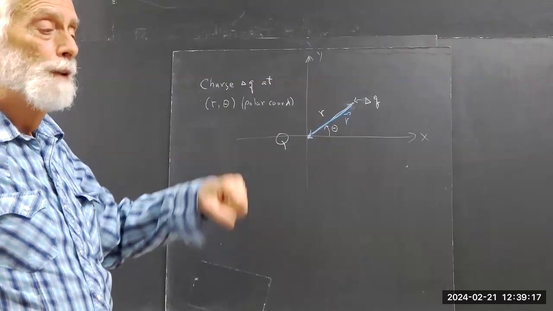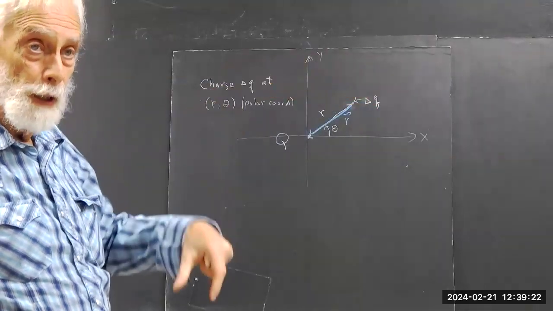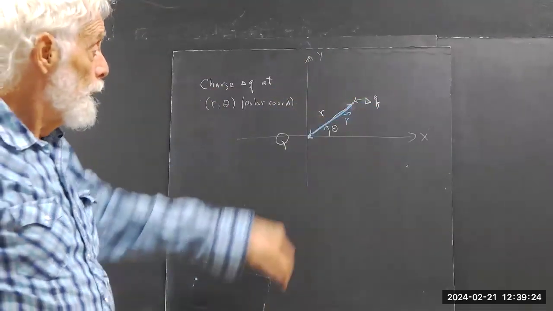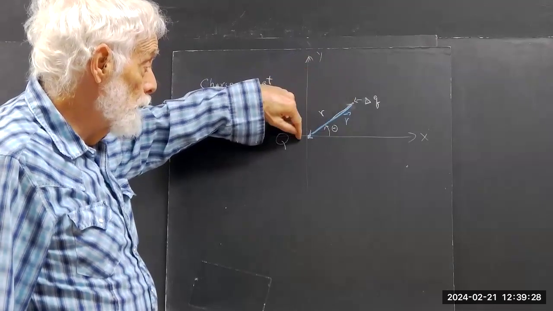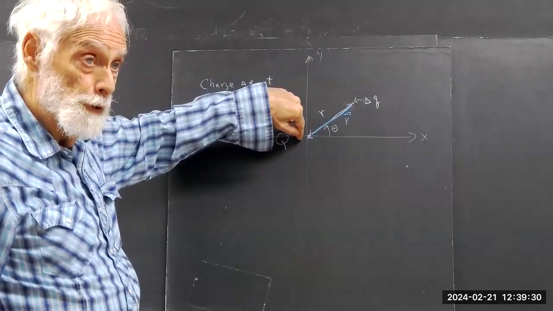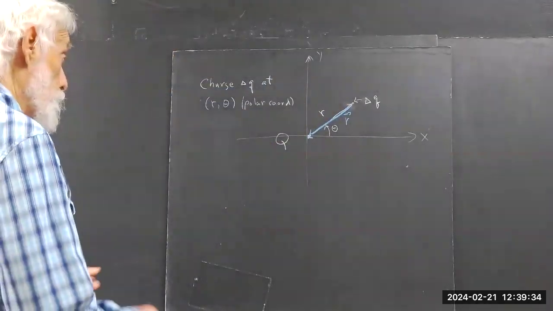The r vector goes from Q1 to Q2, and that gives you the force exerted by Q1 on Q2. So we're going to start with the force exerted by the delta Q charge here on charge big Q. So the r vector has to go from here to here. Okay.